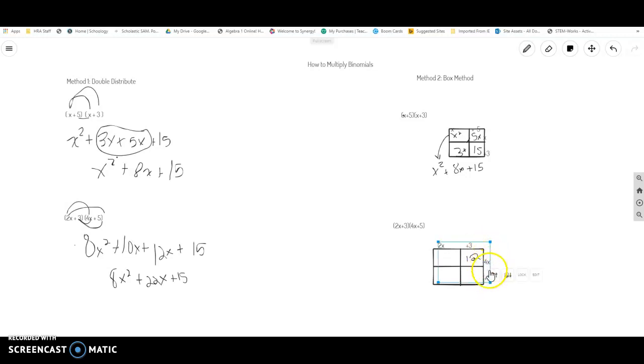Three times 5 is going to give me a 15. 2x times 5 gives me a 10x. And 4x times 2x gives me an 8x squared.